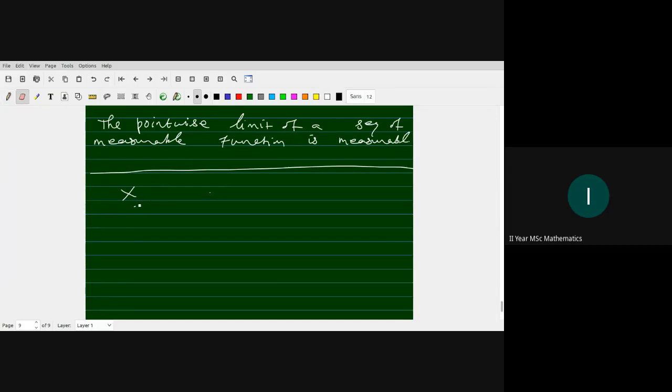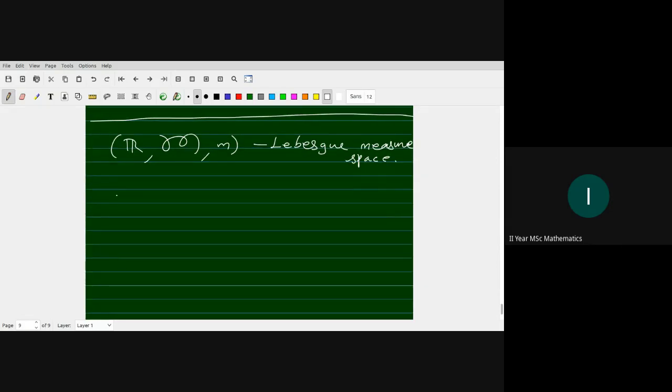We take R, M is a sigma algebra, small m is the Lebesgue measure. It's a Lebesgue measure space. We consider the Lebesgue measure space, right?